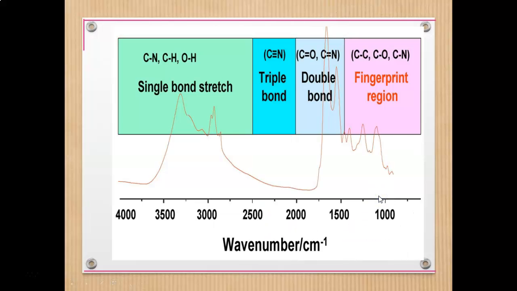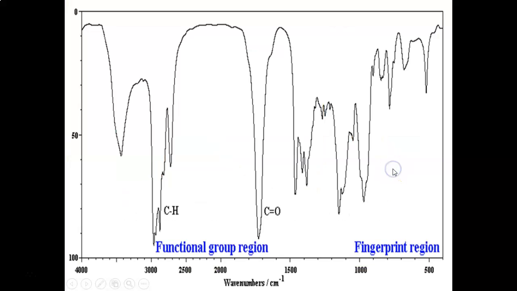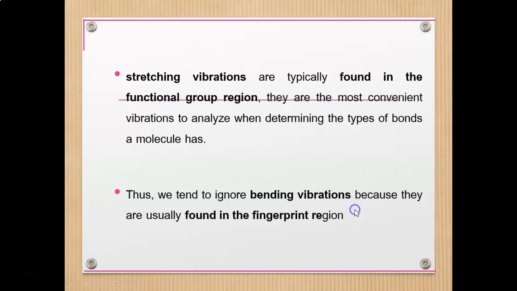Now, this is the same as the previous slide: single bond, triple bond, double bond, and the fingerprint region. The fingerprint region is the focus of advanced analysis, so just focus on the functional group region only. Stretching vibrations are typically found in the functional group region.